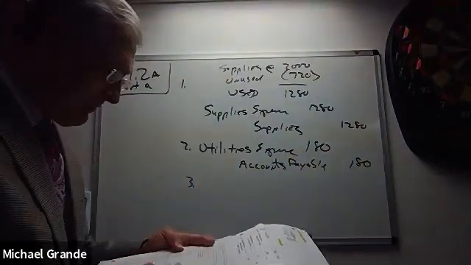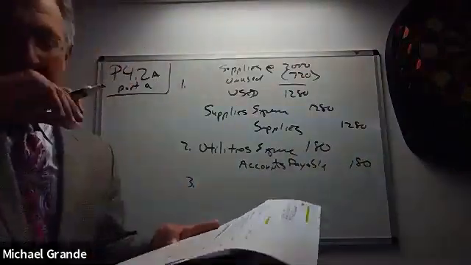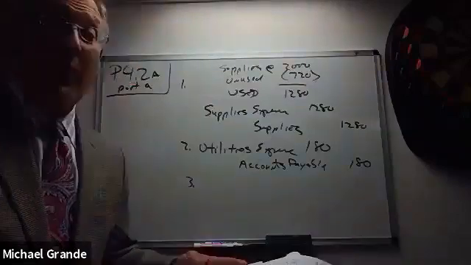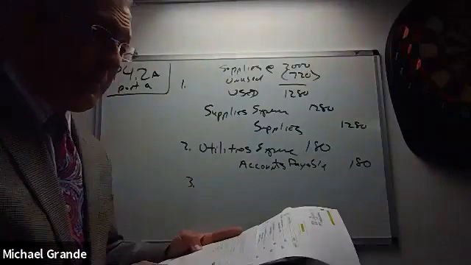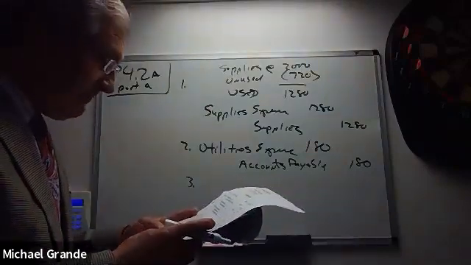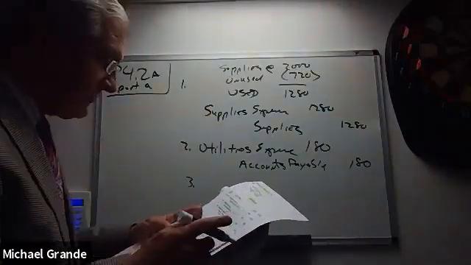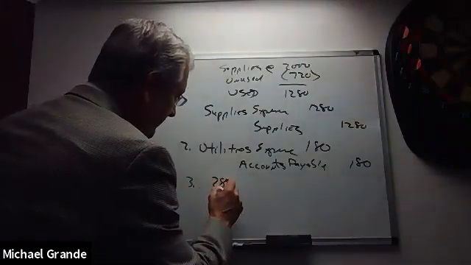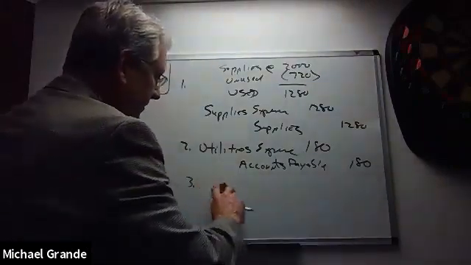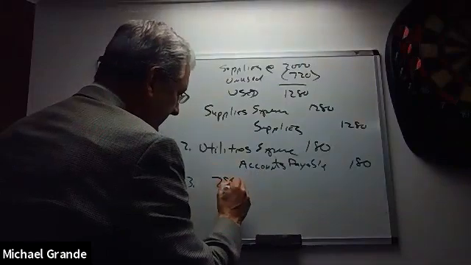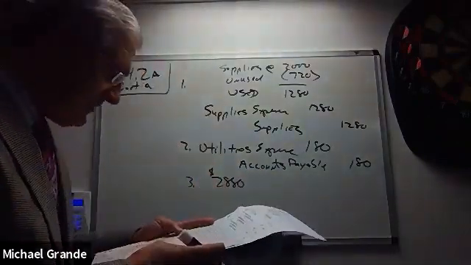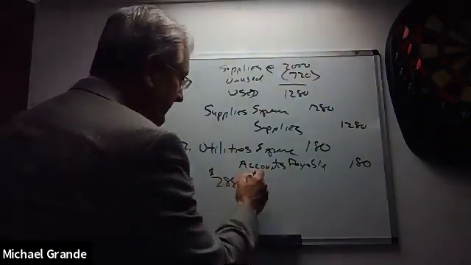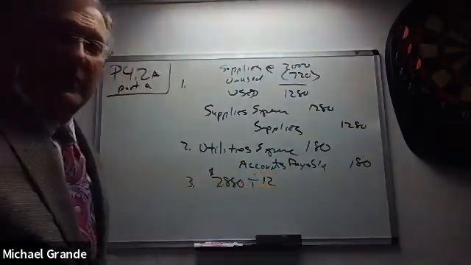Item 3. The insurance policy is for a year. Well, they don't tell you how much it expired by, so we have to go back and look at it. And what we see on the trial balance is $2,880, $2,000, $880 of insurance expense. And they said that is for a 1-year period. So we're interested in knowing what is it for the 1 month.